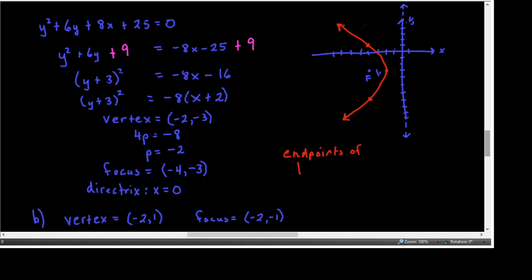And those are really easy points to find if you know what P is, therefore you know what 2P would be. And you might notice if I were to draw that segment in, the focus is the midpoint of the latus rectum. So that's a good pair of points to know.